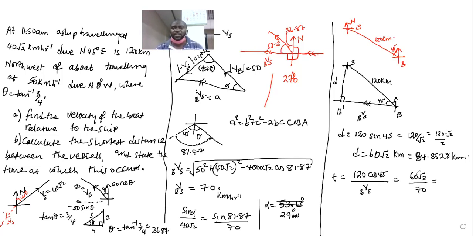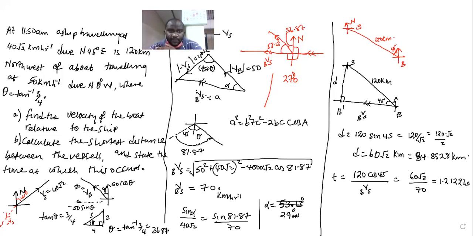When you press your calculator, what answer do you get for time in hours? That is 84.85 divided by 70, which is 1.212 hours.